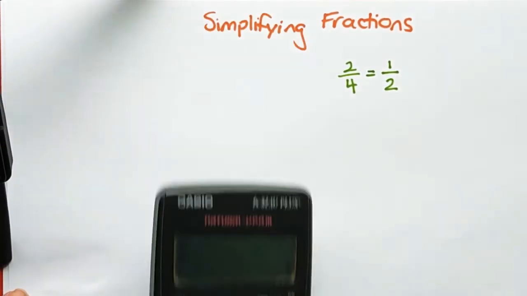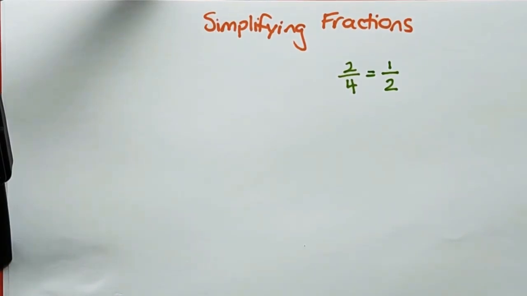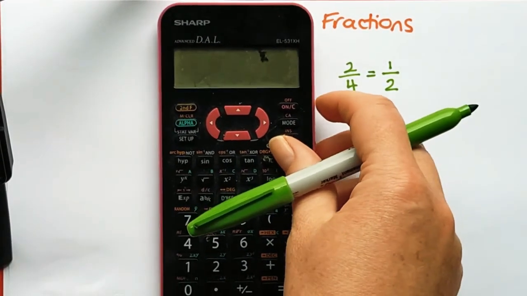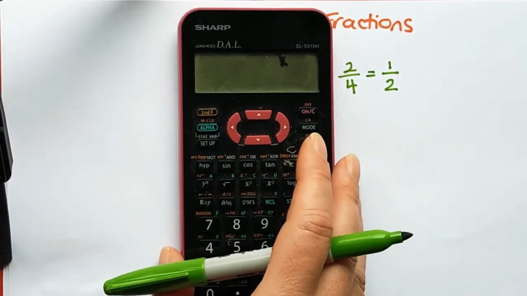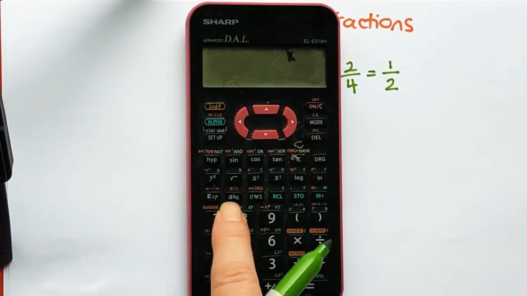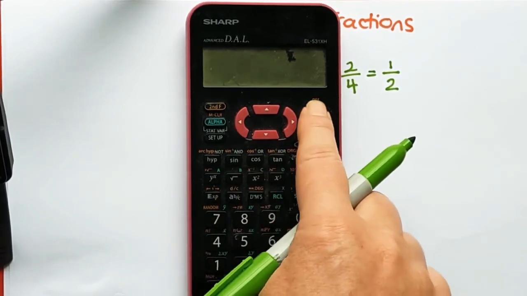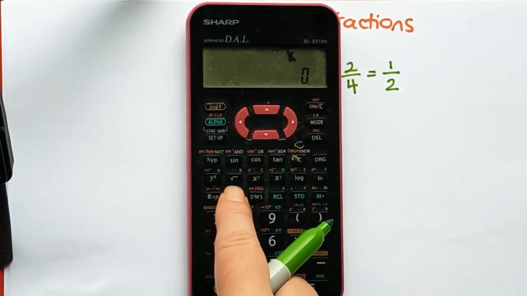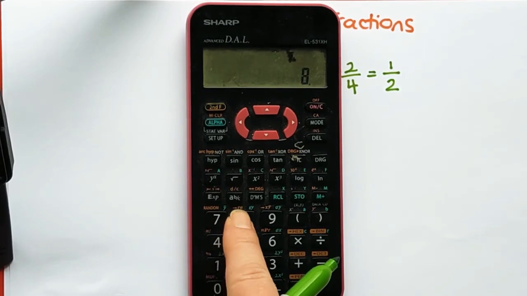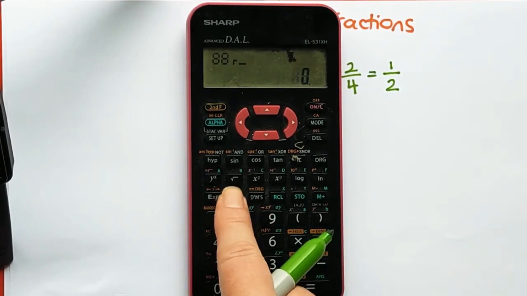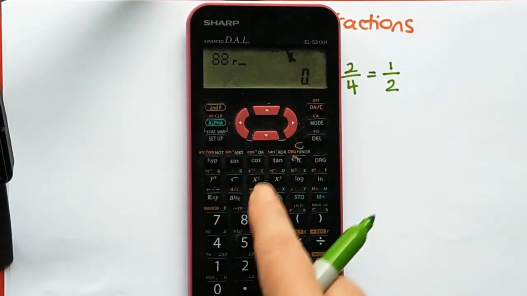And I've got a third calculator. This one's screen is a bit cracked, but this is a Sharp calculator, and its fraction key is down here, and it's the ABC key. Now we better turn it on. I've got to do a number, then press the fraction key.